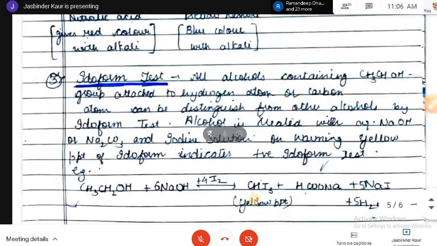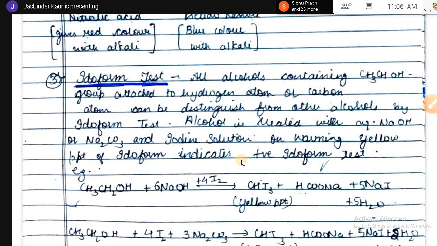Now, there's one another reaction, that is the iodoform reaction. The iodoform reaction is important separately also. Briefly, it is how we can distinguish between compounds; only compounds which have methyl ketone groups give this reaction.